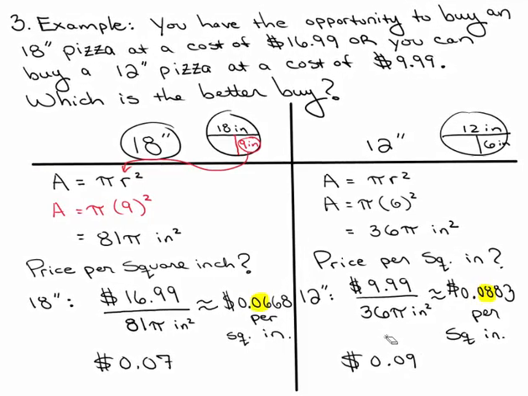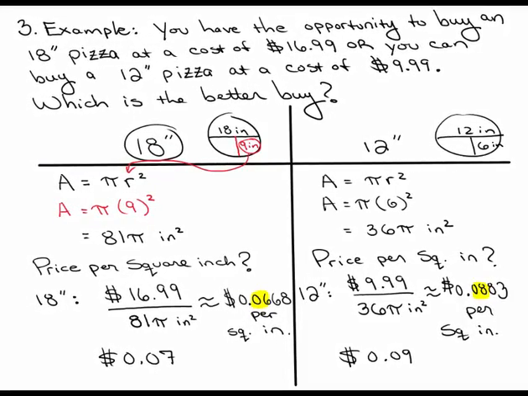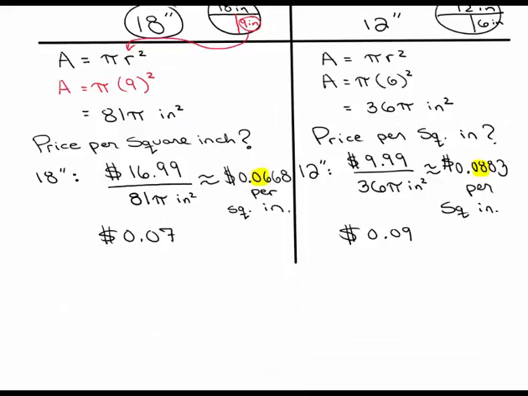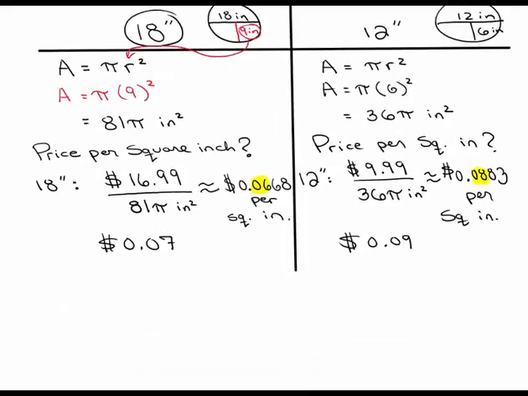The better buy is the 18-inch one. That's the one I want to buy. I'm getting more for my money. So the 18-inch pizza is a much better buy.